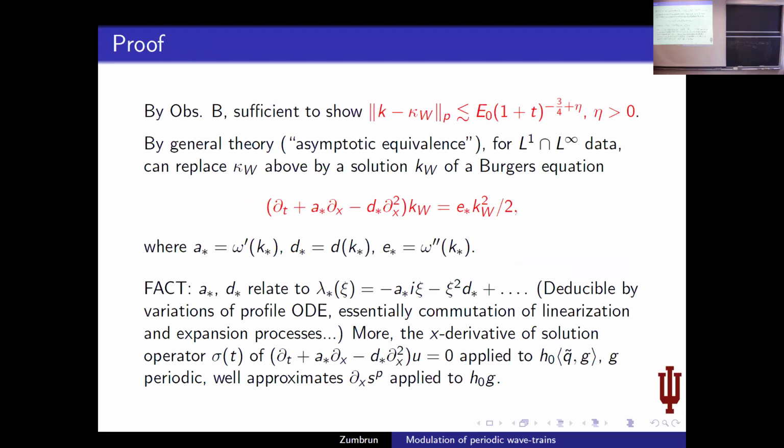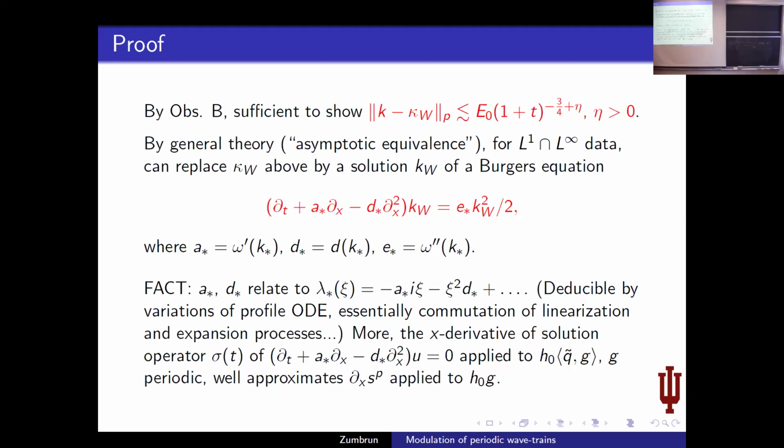Okay, so now how do we prove that these are comparable? It's sufficient to show that our K minus K Whitham is small in L^p of the order stated. First observation: there's some general theory of constant scalar conservation laws, parabolic type, that says there are some asymptotically irrelevant terms.